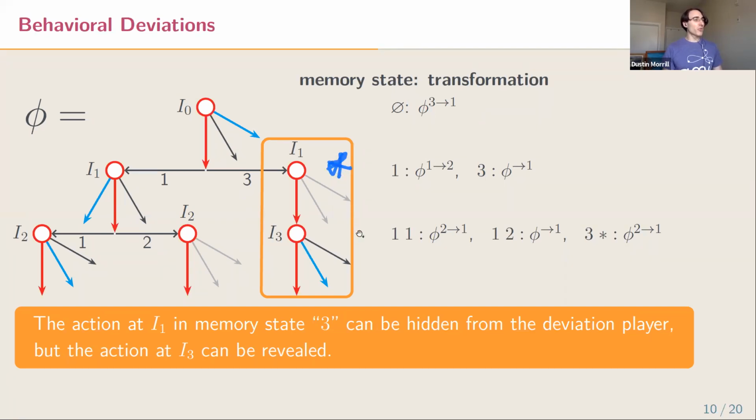And then at I3, we can allow the deviation player to see what pi I at I3 would be in order to make their decisions going forward. So this is how this differs from what von Stengel and Forge described, where they had to restrict their strategies to be reduced. They wouldn't be able to represent the fact that the deviation player could see the strategy at information set I3.